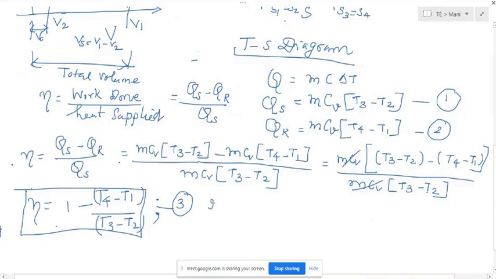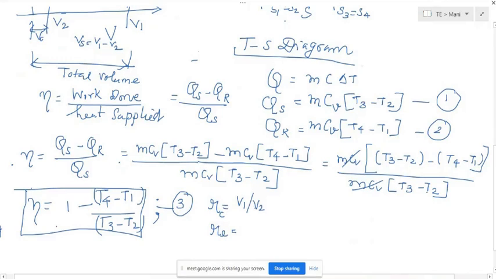Already we discussed what is meant by compression ratio, which is denoted by the symbol r, with suffix c, and one more thing is the expansion ratio, that is denoted by the symbol r with suffix e. So the compression ratio is nothing but the ratio of V1 divided by V2, right?